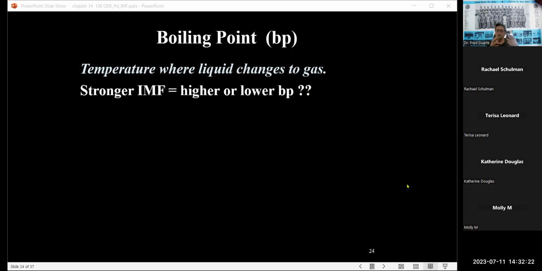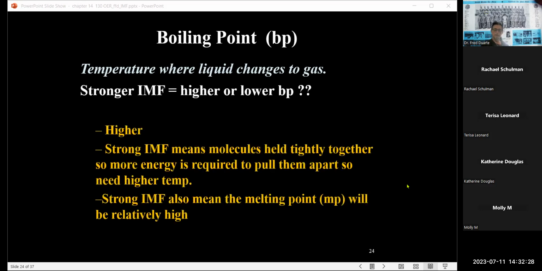Now, with respect to boiling point, the stronger IMF would result in a higher boiling point because the molecules are being held together tightly and will require more energy to break them apart. Which is also true for the melting point. You'll have a higher melting point.